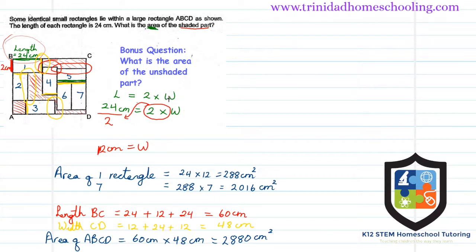Now, that's not our answer yet, right? Our question asks for the unshaded part. So the unshaded part would be equal to the area of ABCD minus the area of the shaded part.